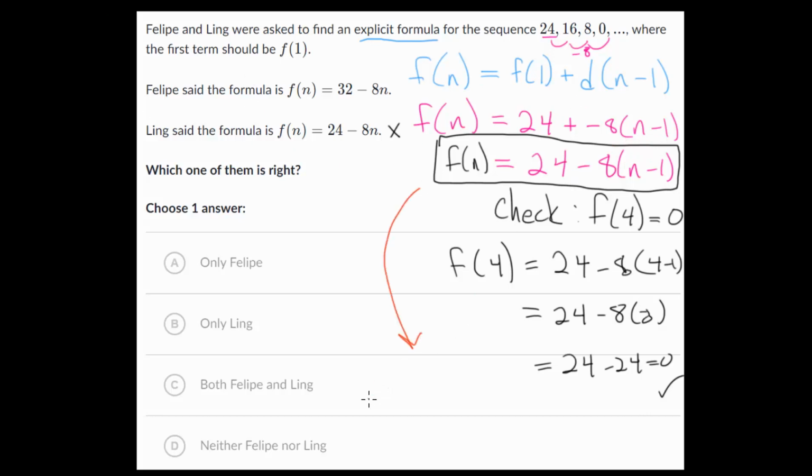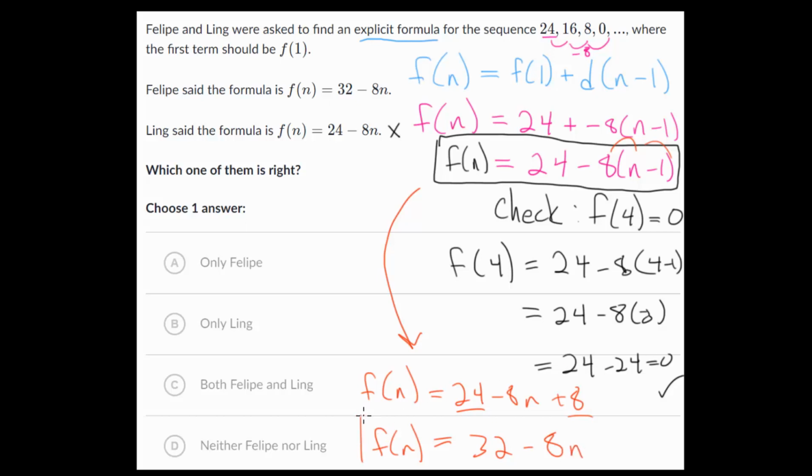So we have that our arithmetic sequence is equal to 24, and we're distributing the negative 8 to each of these, so we get minus 8n, and we get minus 8 times negative 1, which is plus 8. And now just combining like terms, we can rewrite this as 24 plus 8, which is 32, minus 8n.